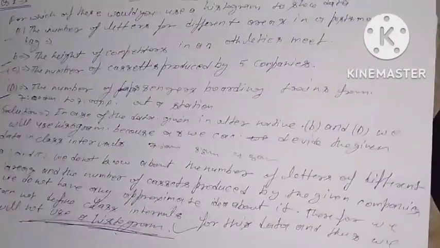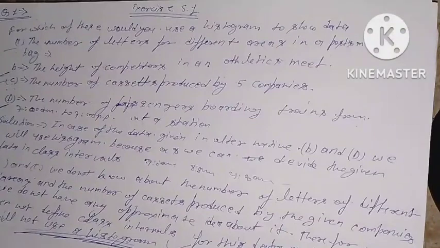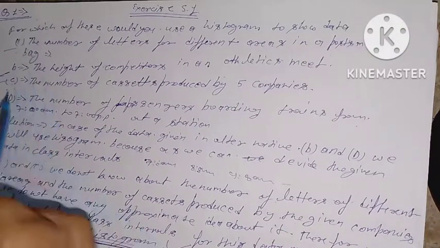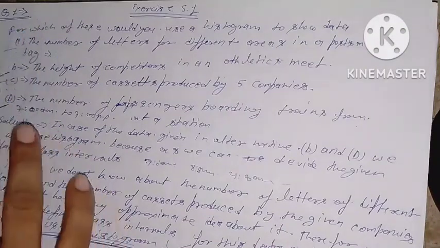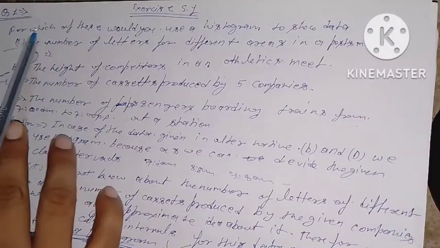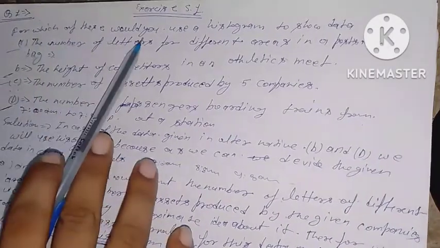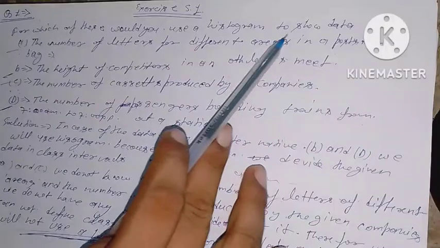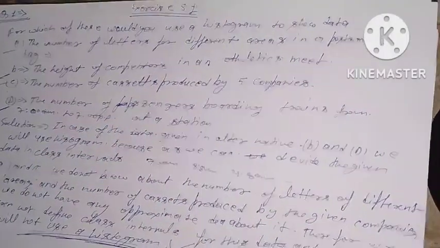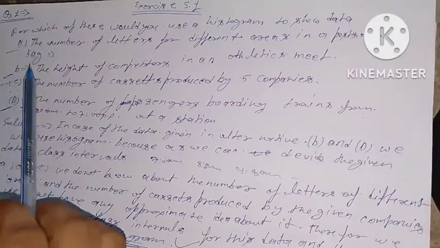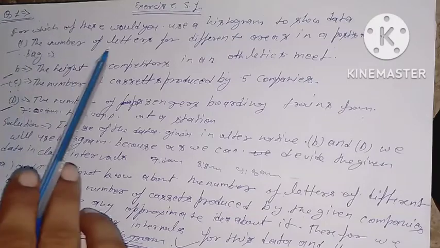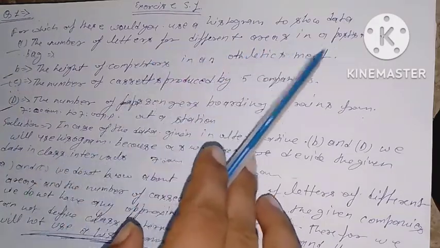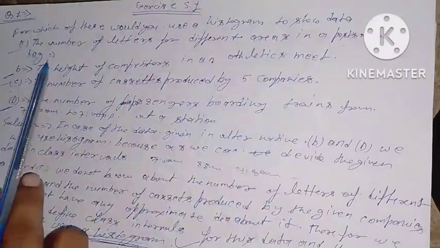So, my dear friends, the first question is complete. The question is: for which of these would you use a histogram to show the data? Data A is the number of letters for different areas in a postman's bags.